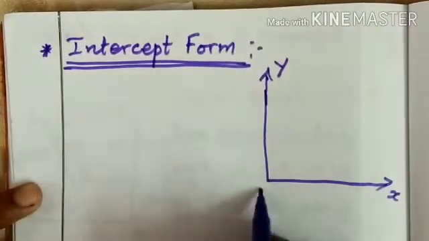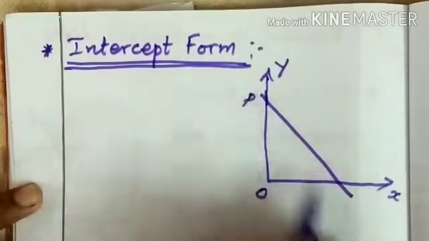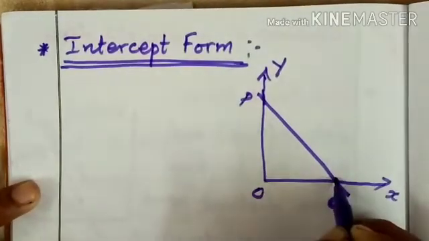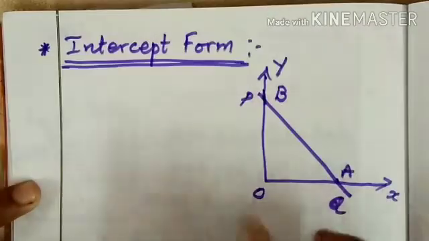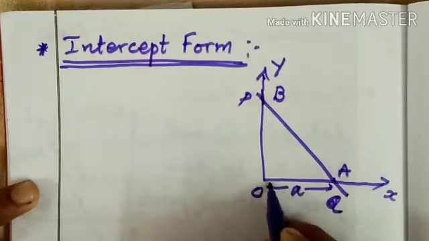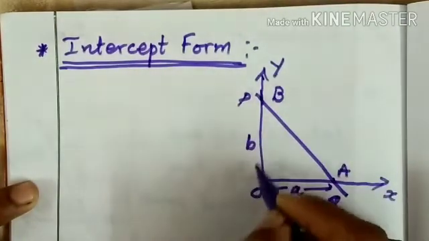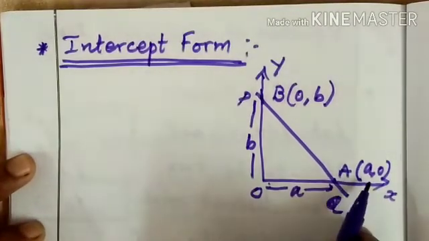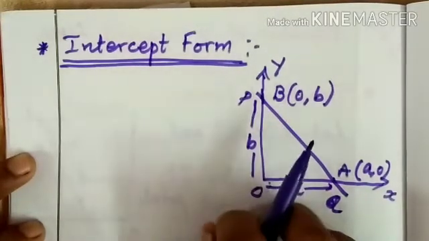Let PQ be a line meeting the x-axis at A and the y-axis at B. Let the distance of OA be a and the distance of OB be b. Therefore, the coordinate point of A is a, 0 and the coordinate point of B is 0, b.